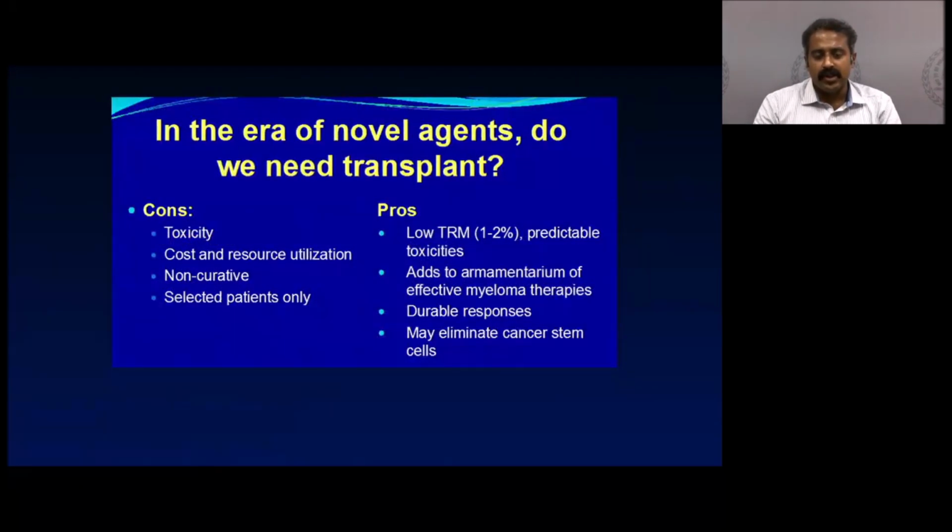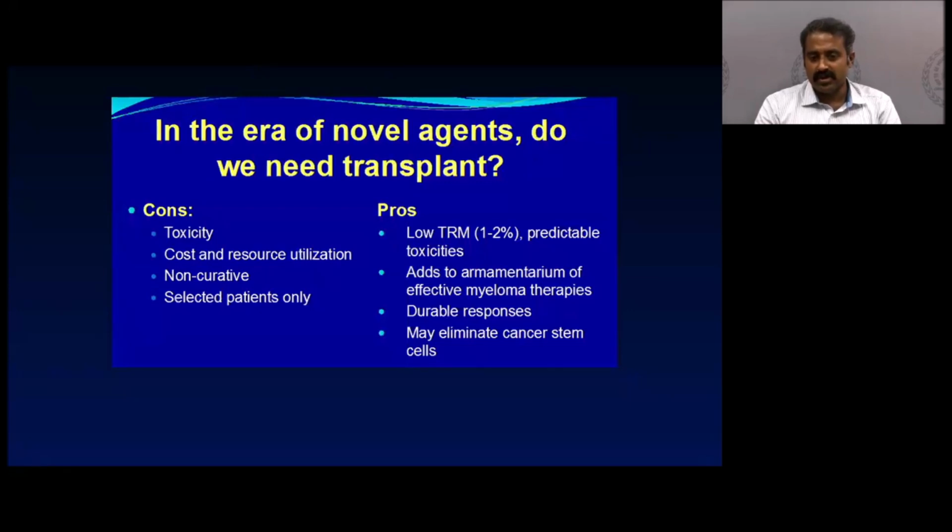Now, the question is, in the era of novel agents, do we need a transplant? A long debate going on whether you have to do a transplant front or not do a transplant. There is cons and pros for both, for transplant and not for transplant. Generally, the toxicity is predictable, the responses are durable, and we can always hope that if you do a transplant, it may eliminate the cancer stem cells and the responses can be long-term.